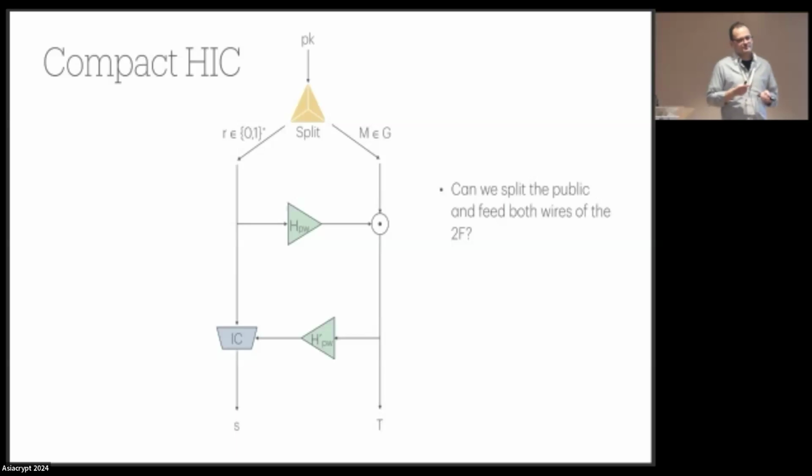Looking at KEM public keys, lattice-based KEM public keys, and at this half-ideal cipher construction, we were wondering: could we split the public key such that instead of feeding only one wire, we actually feed both wires of the two-Feistel network?